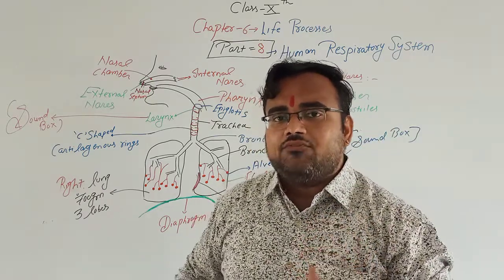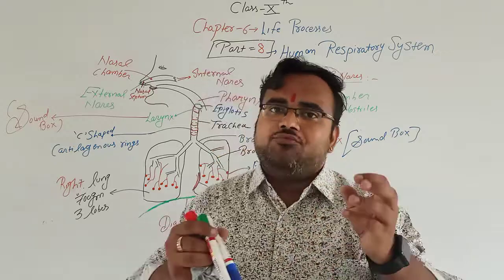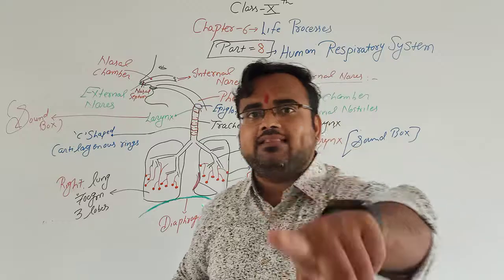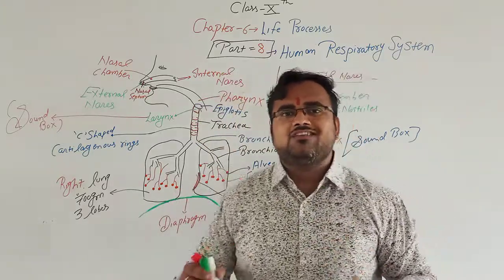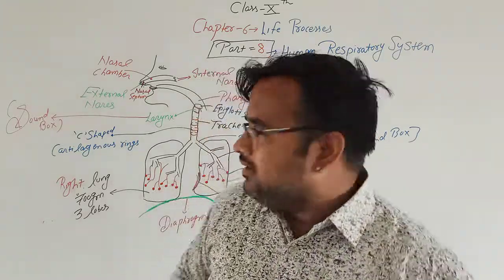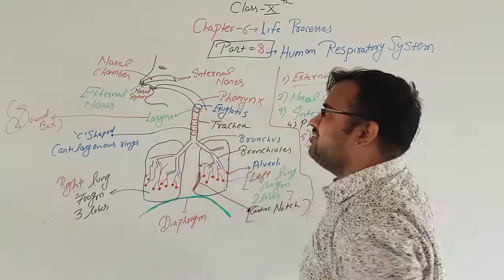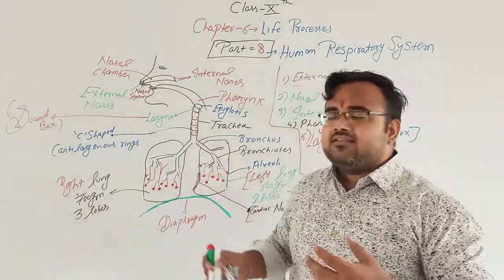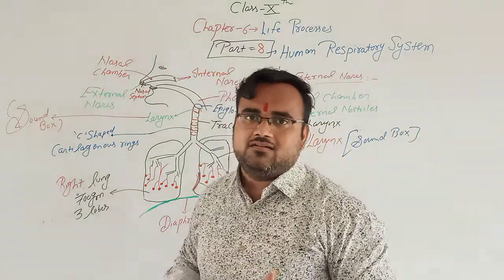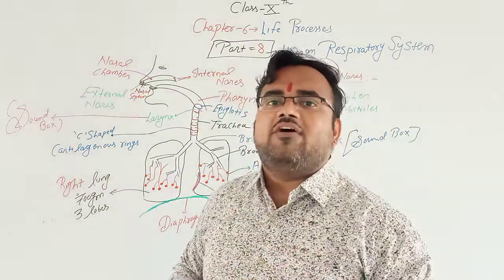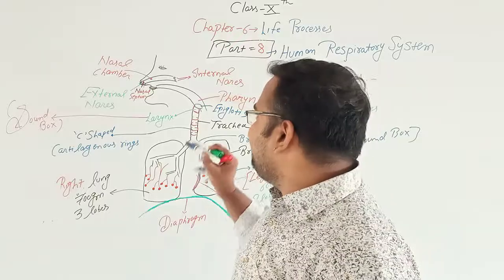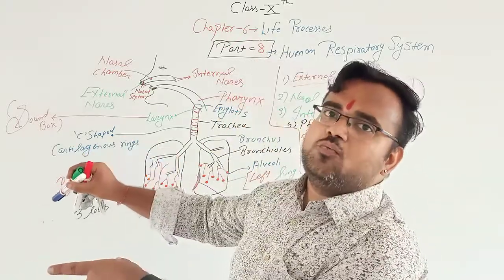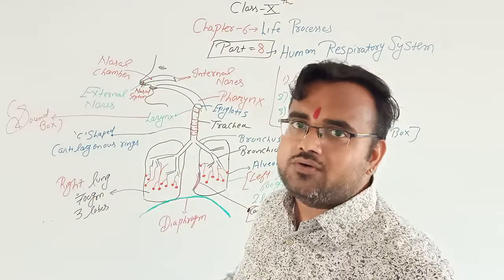Clear? It is the structure where the vibration occurs. When the air comes out, the vibration occurs in the larynx, so the sound is generated. Therefore it is known as the sound box.